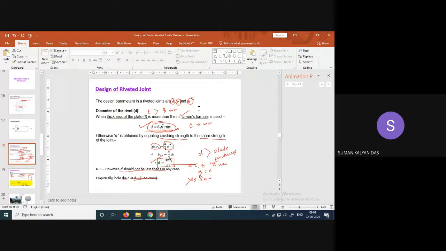And one advice from my side, that if you have that book, any standard design book, be it Bhandari, be it Shigley, or be it Khurmi, be careful, because I am not sure whether in Khurmi some of the data and some of the design steps may be erroneous. But anyways, you can take the problem and try to solve those problems which are given in the riveted joint chapter.